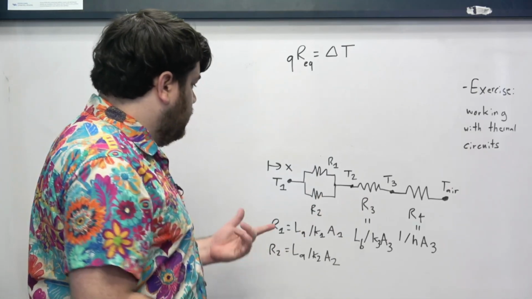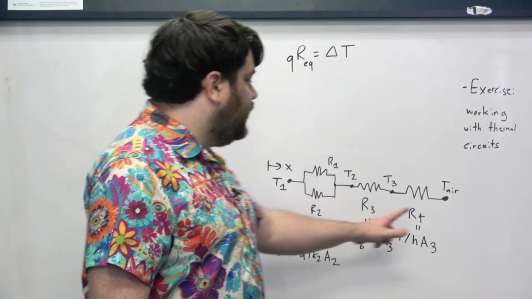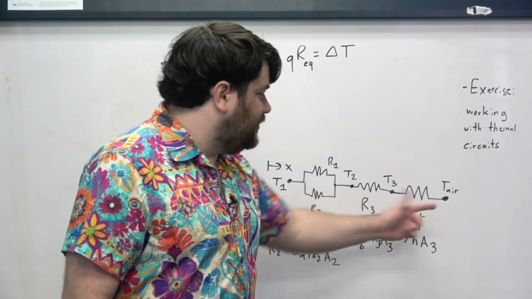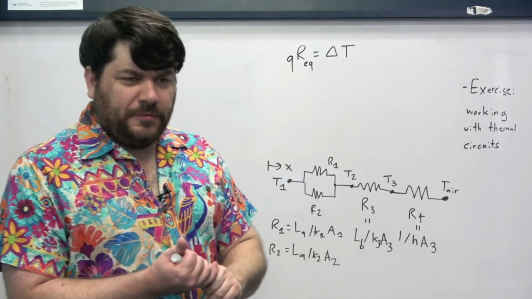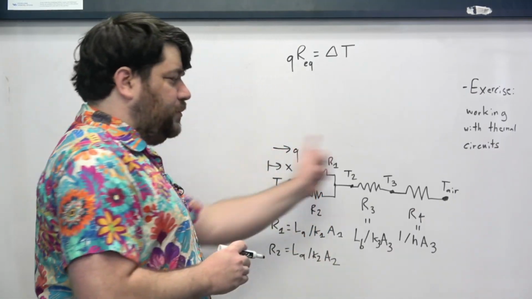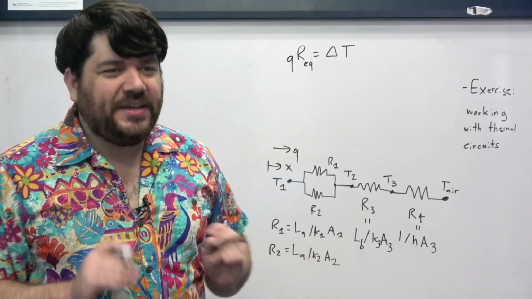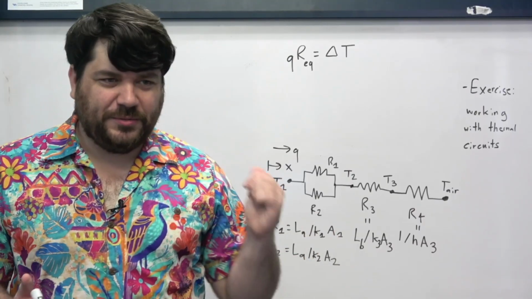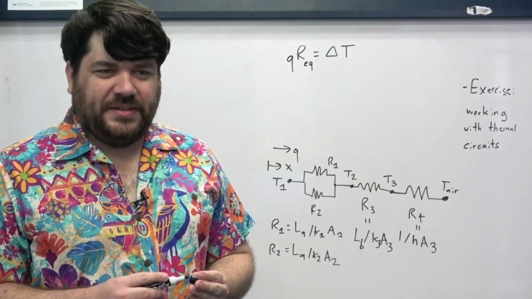So how do we do it? Well, we want to go from here to here, right? So we want to figure out this delta T, okay? We're going to assume that there's some Q that's moving left to right. We're just making that assumption. If it comes out negative, then we know it's moving right to left.